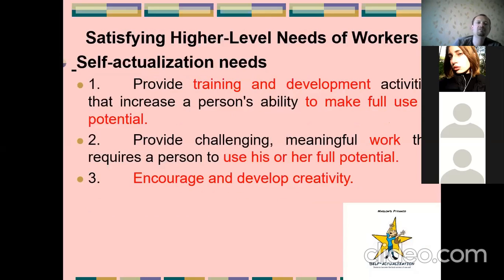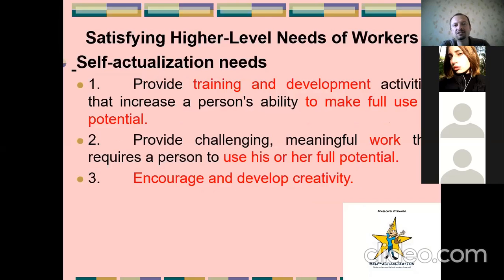And the fifth level, or the third level of secondary needs, is connected with a situation when the person likes to attain objectives, likes to do what he or she does.